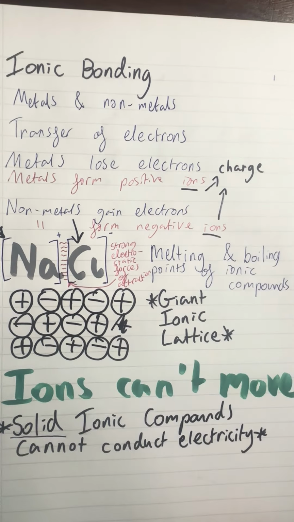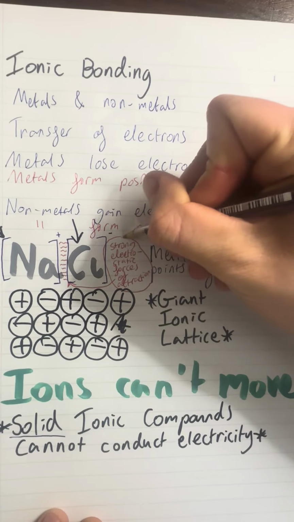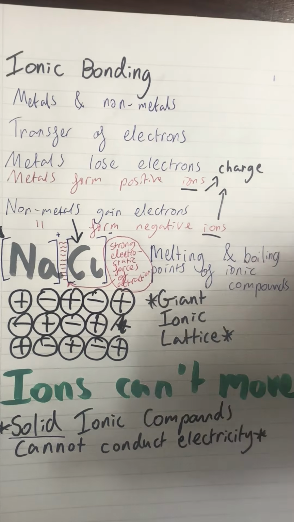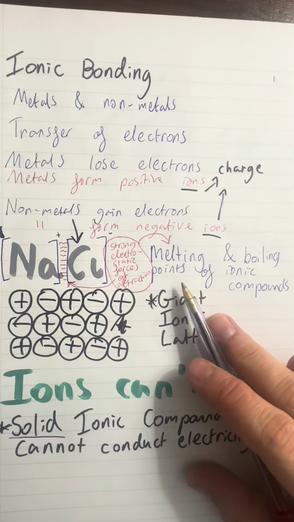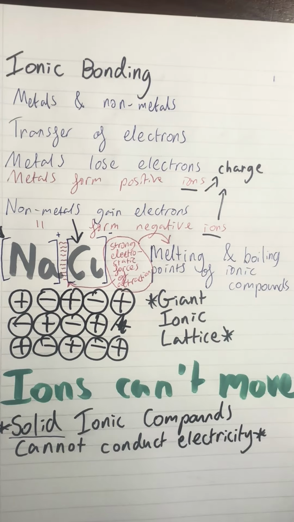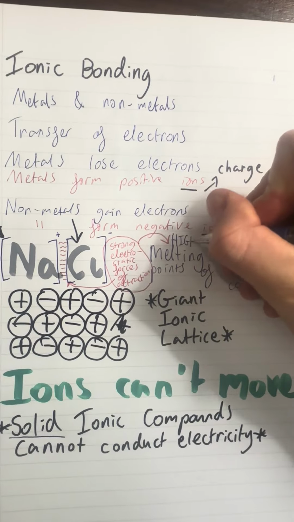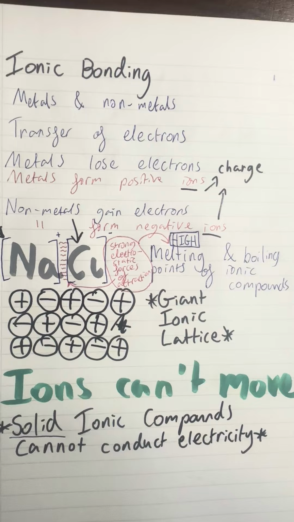Strong electrostatic forces of attraction. These bonds are strong, they take a lot of energy to break, and therefore ionic compounds have high melting and boiling points.